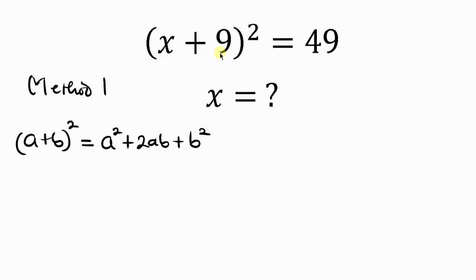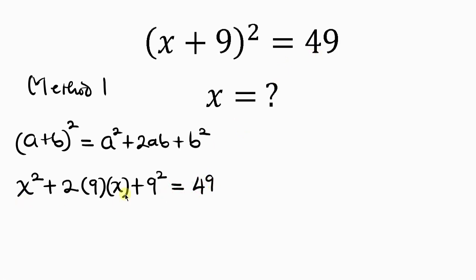So let's expand this. This expression can be written as x² + 2 times 9 times x, and then plus 9², and this is equal to 49.